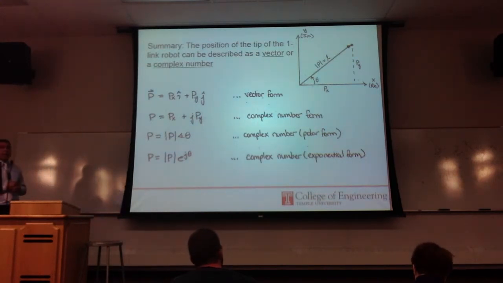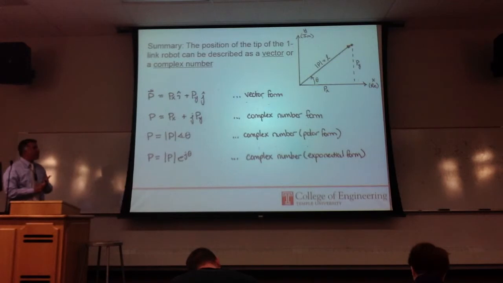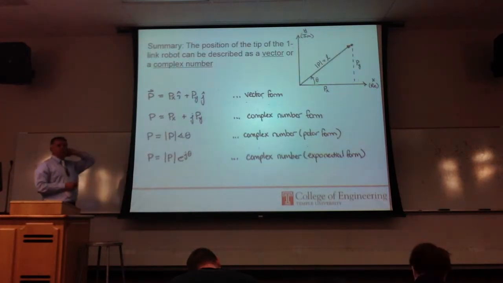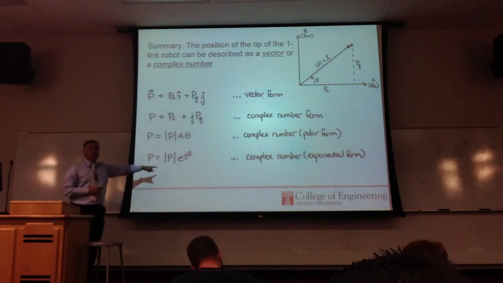So let's say that if I have vector 1 and vector 2, and they're both described in any of these, which one of them do you think is easier to multiply? That's right, the last one.